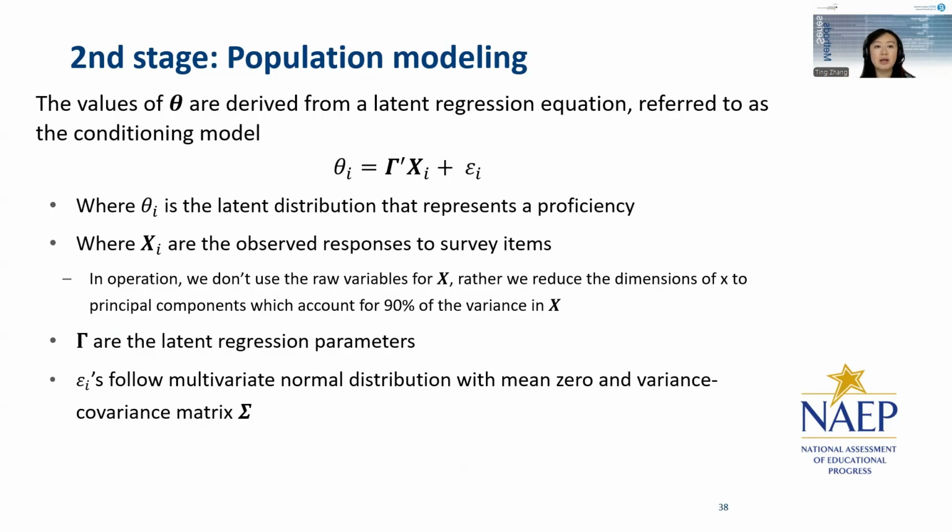We conduct a principal component analysis first to reduce the dimension of X to a manageable number. Eventually we use the principal components as predictors in the latent regression. From this model, what we really want to get is theta sub i, a distribution that represents the respondent's proficiency in a domain.